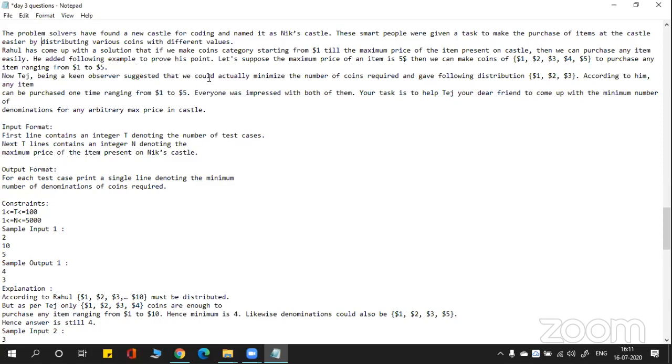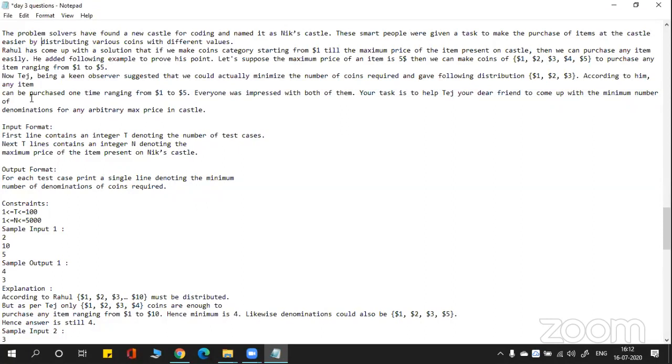He added the following example to prove his point. Let us suppose the maximum price of an item is $5. Then we can make coins of 1, 2, 3, 4, 5 to purchase any item ranging from 1 to 5. Now Tej, being a keen observer, suggested that we could actually minimize the number of coins required and gave the following distribution.